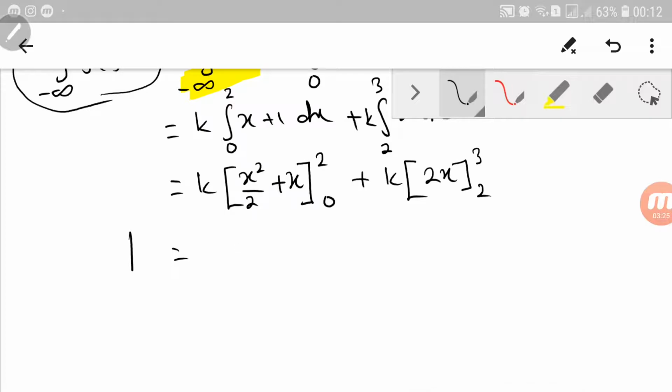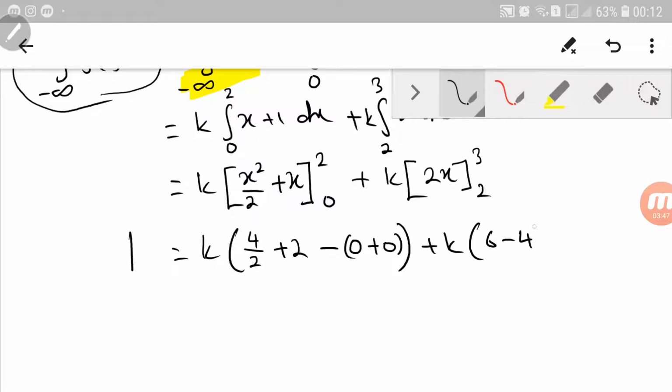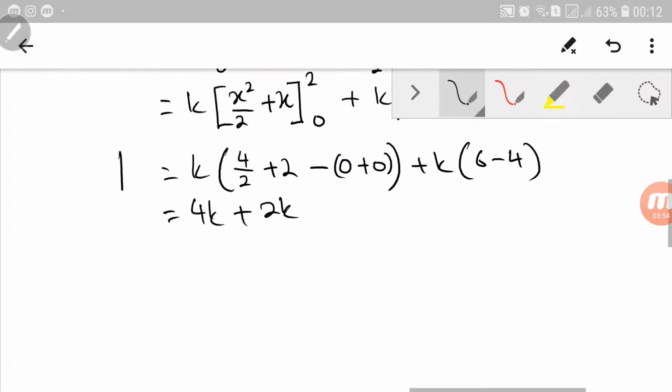So just put 1 there, and then we substitute the values. So 4 over 2 plus 2, minus 0 plus 0, and then plus k times 2 times (3 minus 2)... that is 4k plus 2k. Therefore k is 1 over 6.